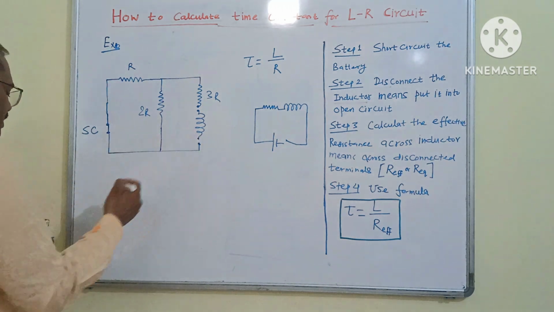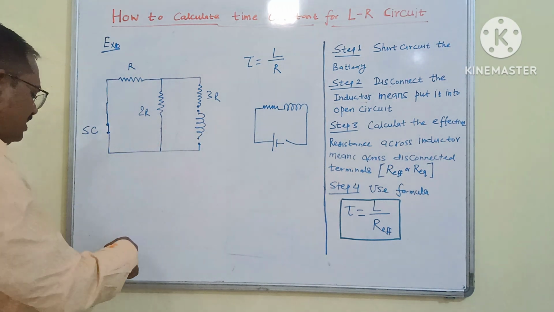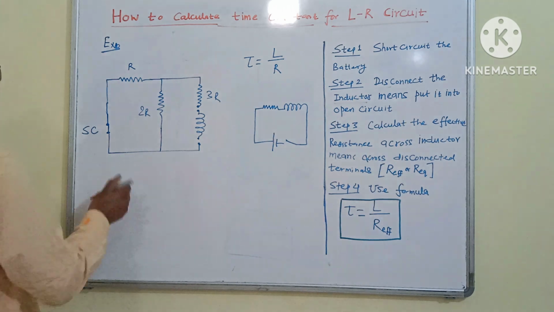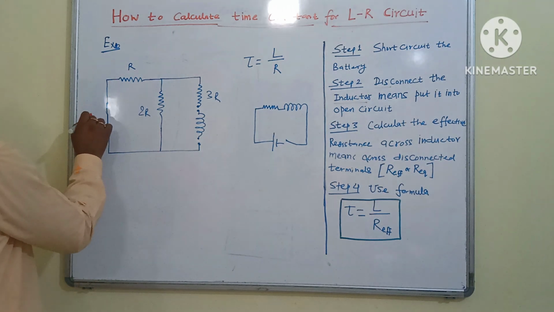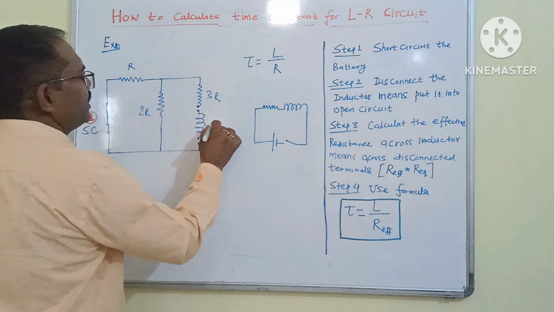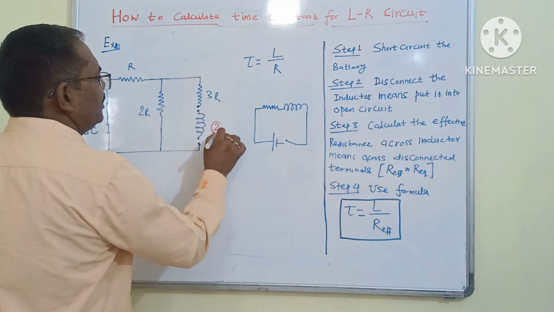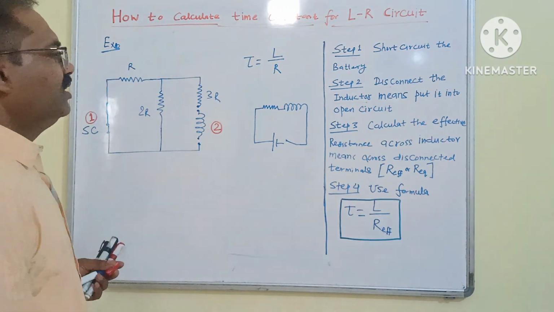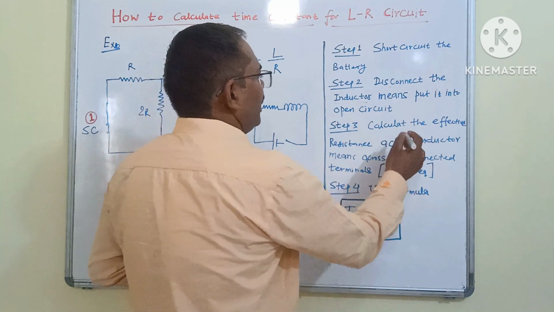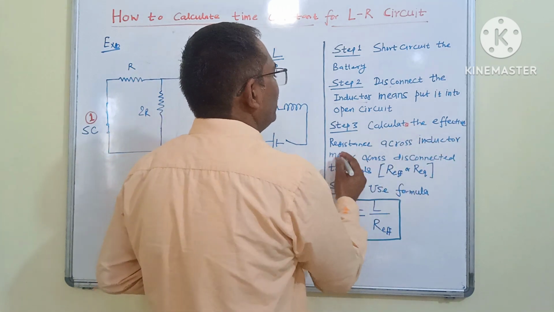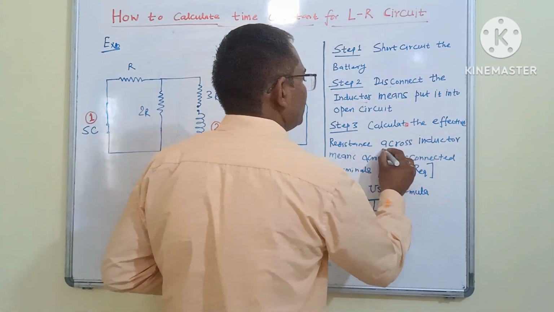Then our step 2 is completed. This is step 1, short circuiting the battery. Now I have disconnected the inductor. That is step 2. The third step is to calculate the effective resistance across the inductor.